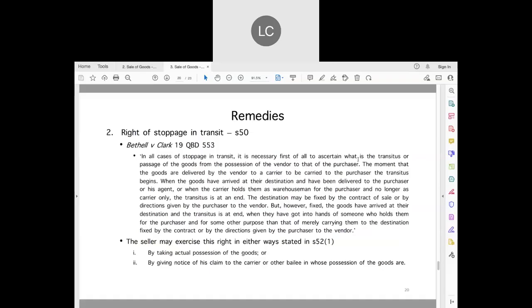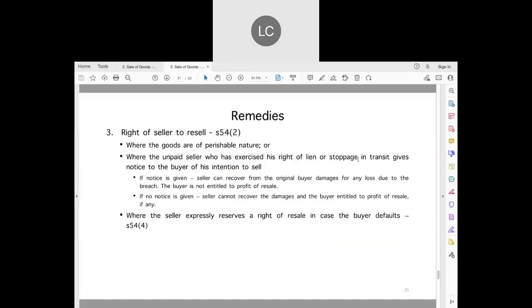Section 54 sub 1 emphasizes that lien or stoppage does not generally have the effect of rescinding the contract. Okay, because as a general rule, a delay in payment does not give rise to an immediate right to terminate, unless time of payment is of the essence of the contract.